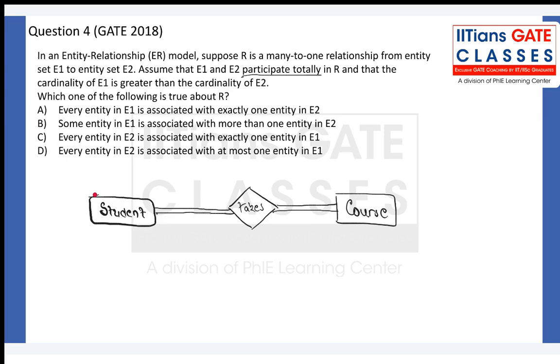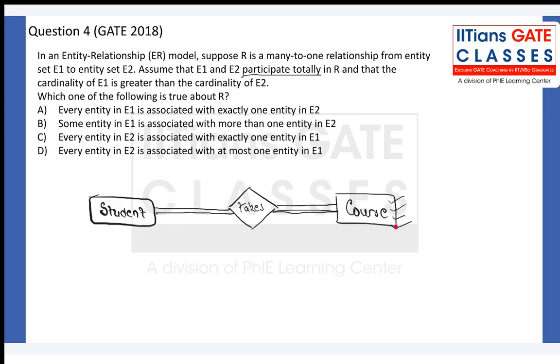Do you now understand what I mean by total participation? From the student side, every student takes a course. That's why you are called a student. Now, from the course side, if there is total participation, it means that whatever courses are available here, each of these courses is taken by at least one student.